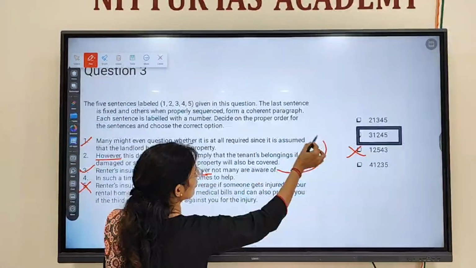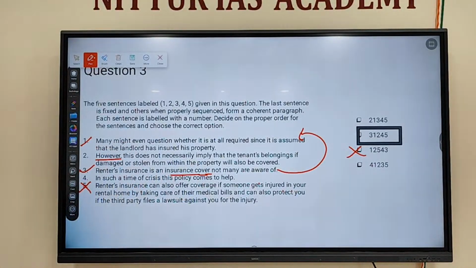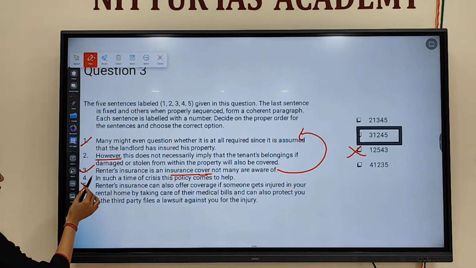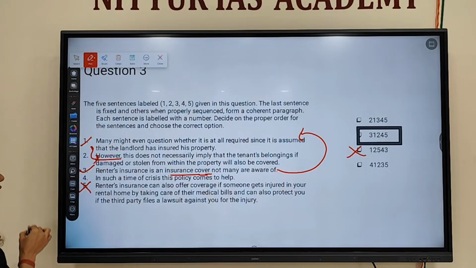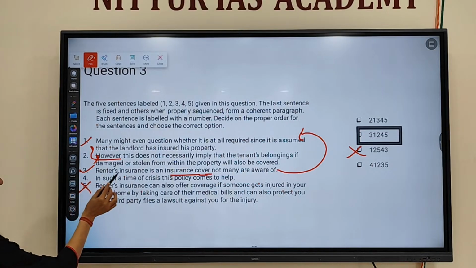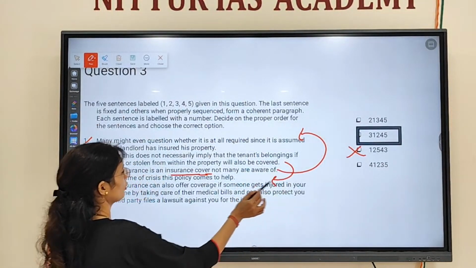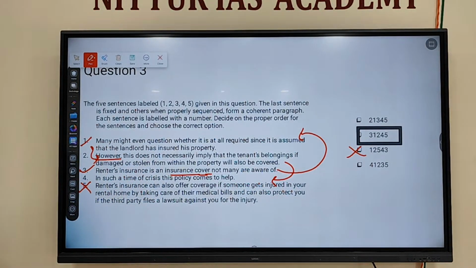So after this sentence will come, okay, what after insuring the property? However, this does not necessarily imply that the tenant's belongings, if damaged or stolen from within the property, will be covered. Correct? And then in such a time of crisis, we need some help, and that time the insurance will come to some use.